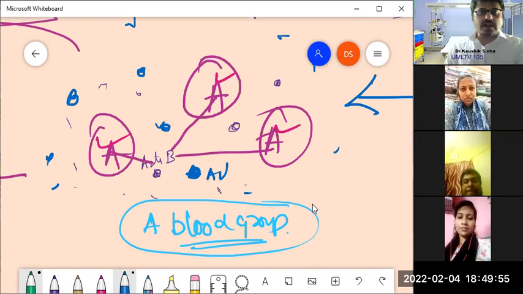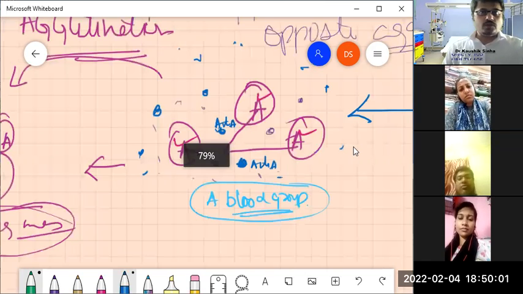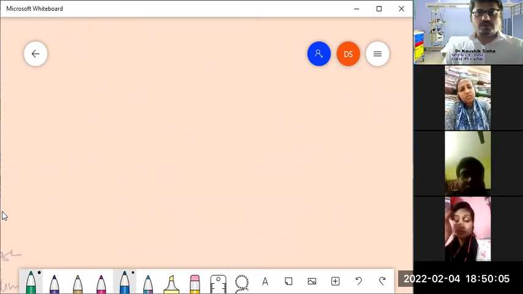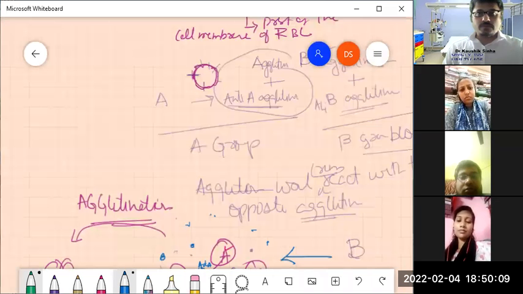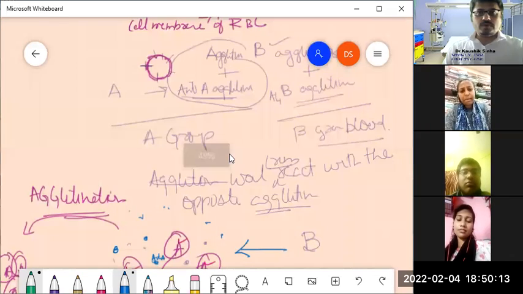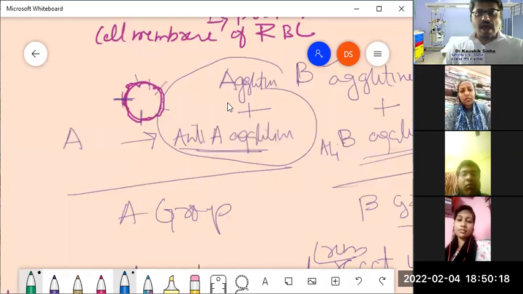So these are anti-A. With this blue color, I am showing you the anti-antibodies because just now to the side, I have explained the composition of the A blood group. Have a look that this A group consists of what? A agglutinogen and anti-A agglutinin.